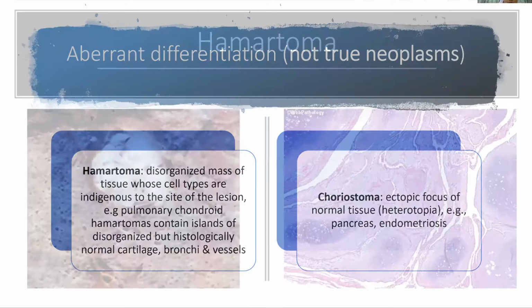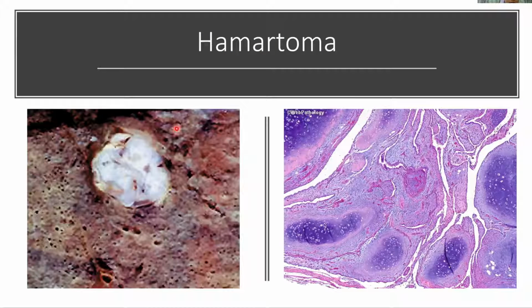Okay, hamartoma. This is a section from the lung. You can see this is normal lung tissue. Then you can see one nodule here. Looking at this nodule grossly, it looks like a benign tumor, right? Because it has a well-defined, regular edge and homogeneous surface. So we think it's a benign tumor.